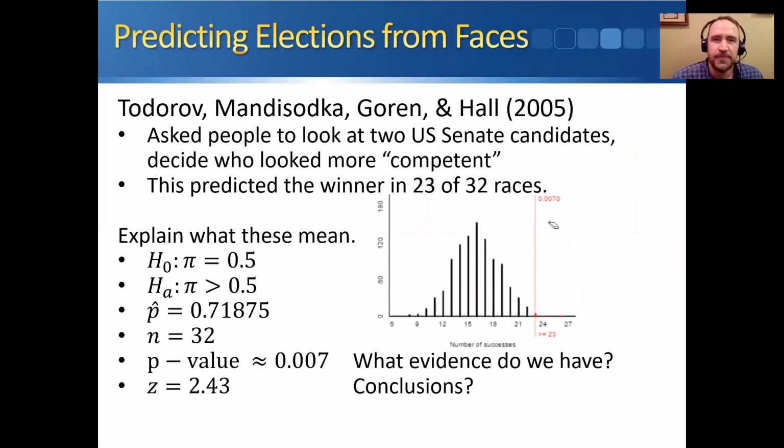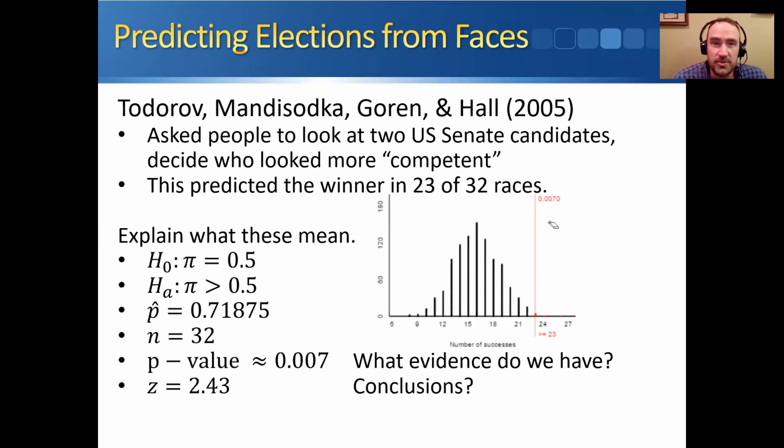So here's another actual research article: Todorov, Mandasoka, Gorin, and Hall in 2005 reported on a study that they did. They asked people to look at pictures of two US Senate candidates and decide who looked more competent. And then they took all the people's results and they calculated which of the two ended up being selected as the more competent person overall by all the people they interviewed.